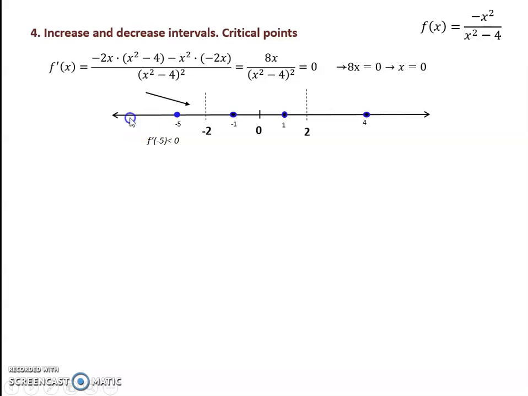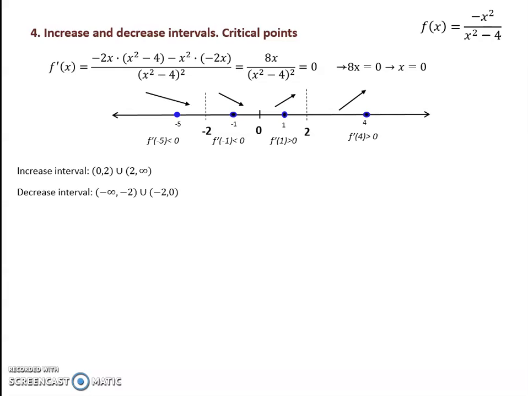At minus 1 it is again negative, f prime of minus 1. Realize I'm writing here f prime and not f, and arrow going down. f prime of 1 is greater than 0, positive, so going up, and f prime of 4 is also positive, so arrow going up.